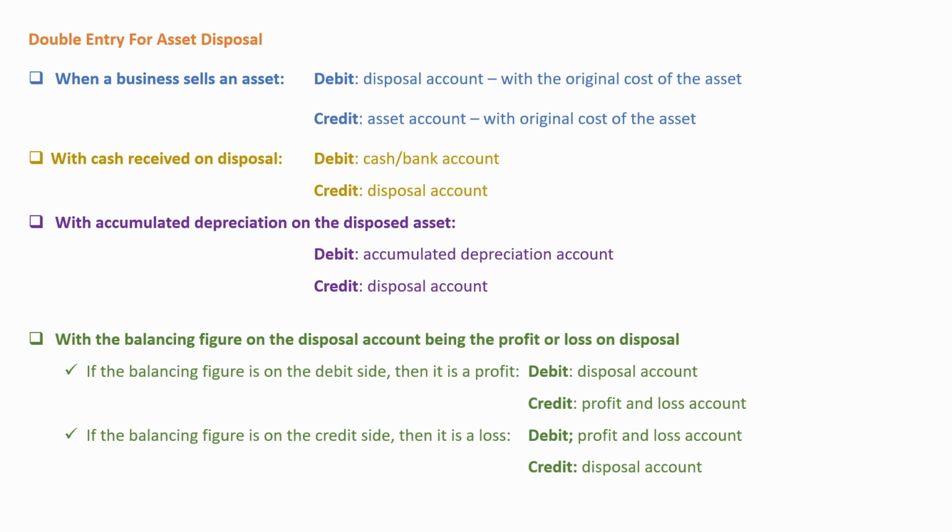Not the cash you receive, but how much you paid when you purchased the asset. And then credit asset account with the same amount, that is the original cost of the asset. So that is the first entry.